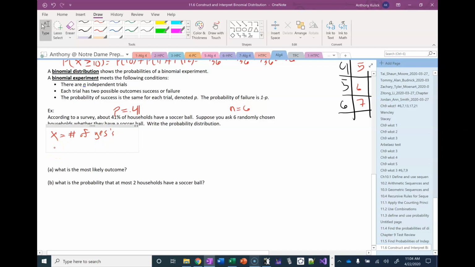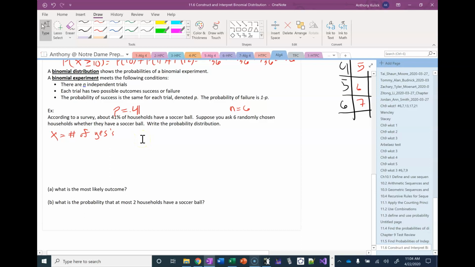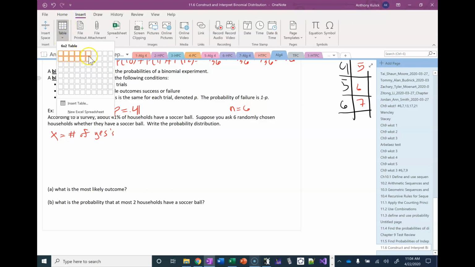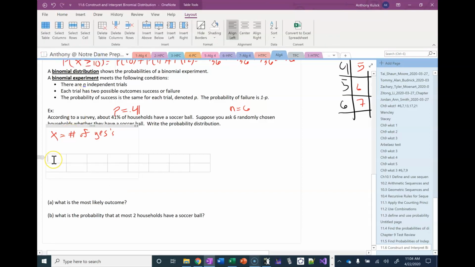So remember, we're asking 6 households. So I could have 7 different possible responses to that. So I could have 0 yeses, 1, 2, 3, 4, 5, or 6 houses could have a soccer ball.